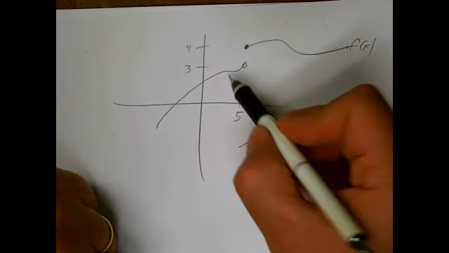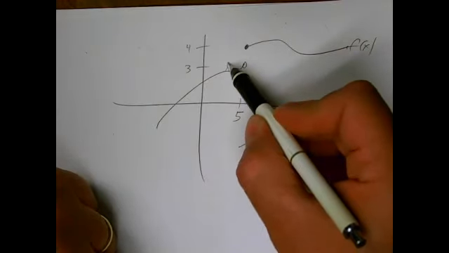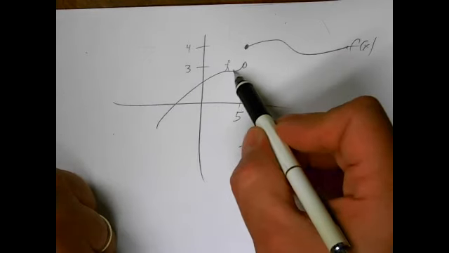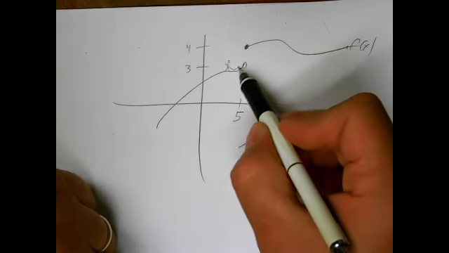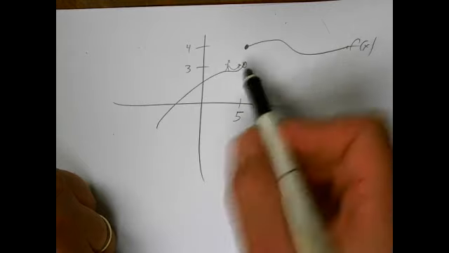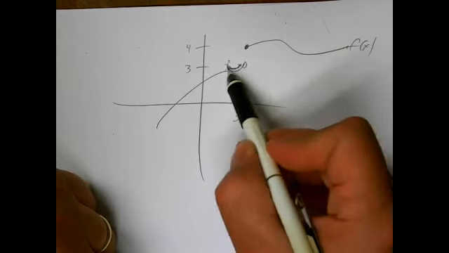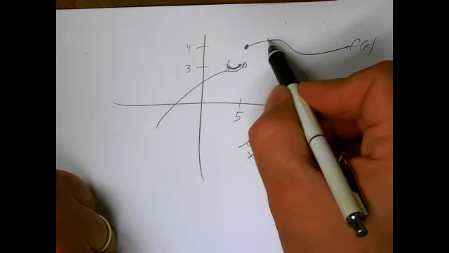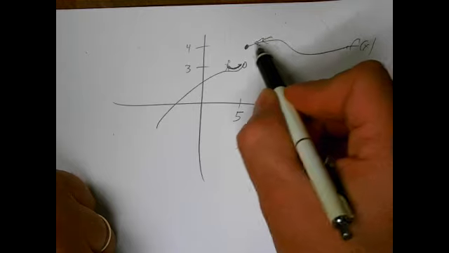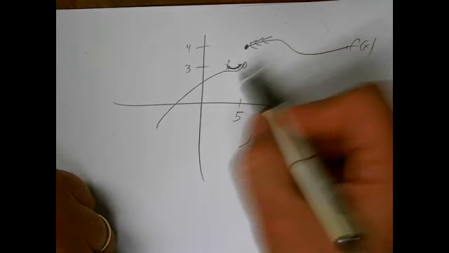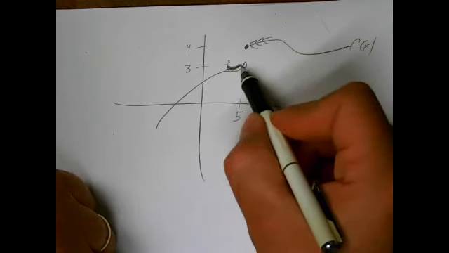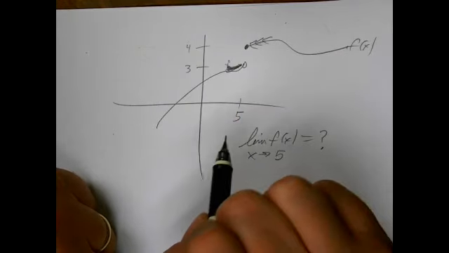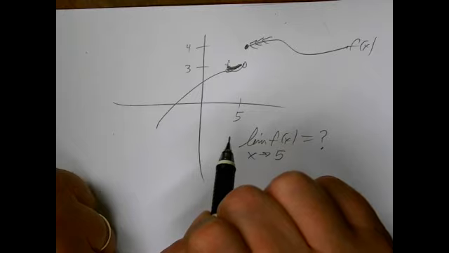If you just imagine yourself traveling along this function coming in from the left, you're coming towards a y value of 3. As you travel from the right, you're coming towards a y value of 4.